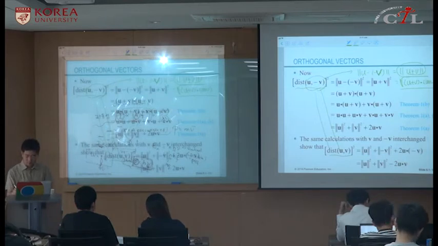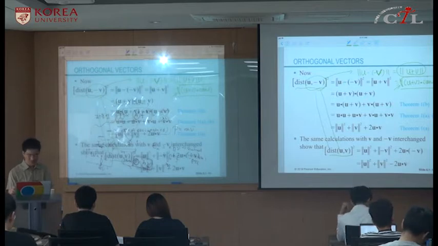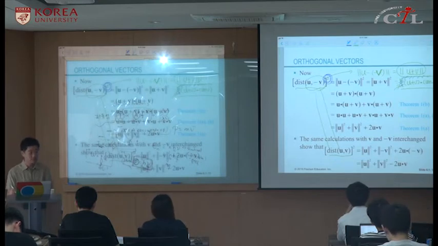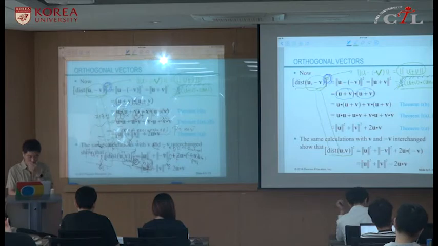But because of this square root, it is not easy to handle this equation. So let's consider the squared version, and then we can remove this square root factor, and then we consider the inner product between these two vectors.